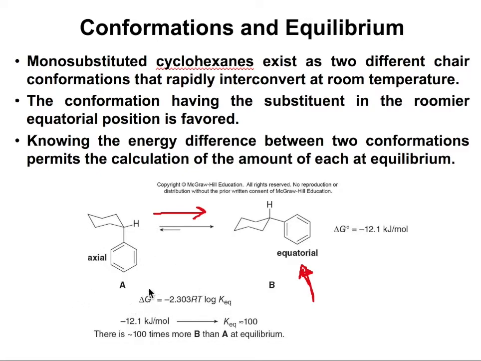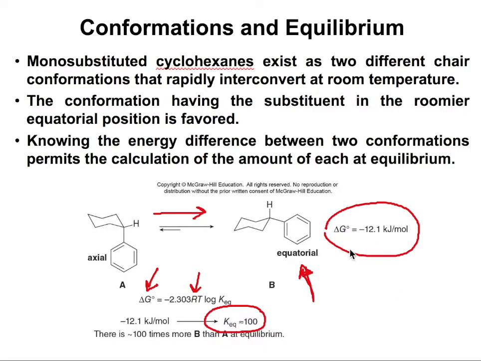So what we do is that we simply plot that delta G that is given to us in this equation. So we know that if we plot it right here, and we use the R and put in the temperature, we end up with a K equilibrium that is 100. So that is telling us that there is 100 times more B than A at equilibrium, right?